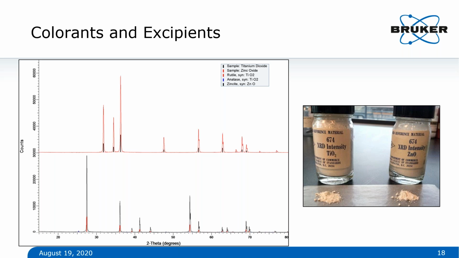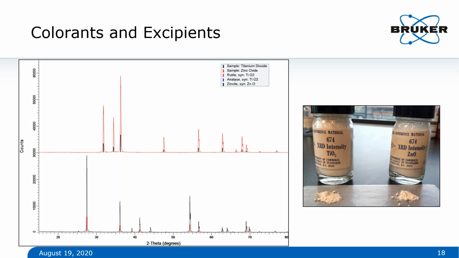So if we look at this, we have two bottles here. These are from the National Institute of Standards and Technology, or NIST, or rather the NBS prior to becoming NIST. Rather older bottles of sample. Two very, very white pigments. And if we look on the left-hand side where the data is, we see that the top scan in red matches to a database pattern for zinc oxide.